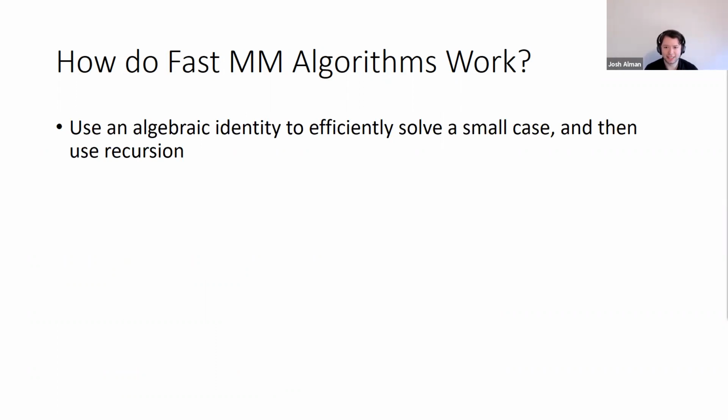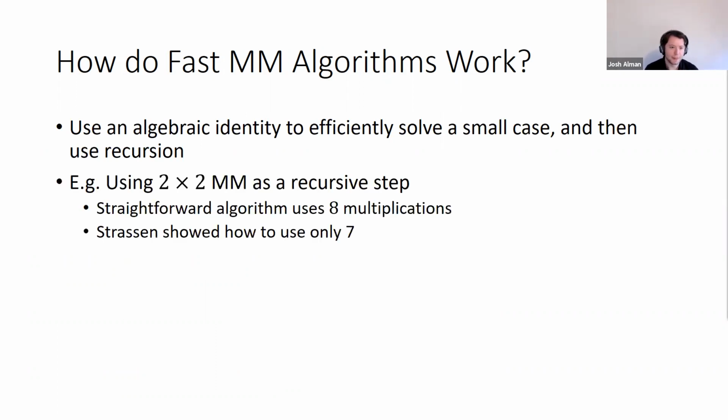For example, let's say we wanted to use 2 by 2 matrix multiplication as our small case. The straightforward algorithm for 2 by 2 matrix multiplication uses 8 multiplications. There are 4 output entries, and for each one you're taking the inner product of 2 vectors of length 2, which requires 2 multiplications of numbers to compute.